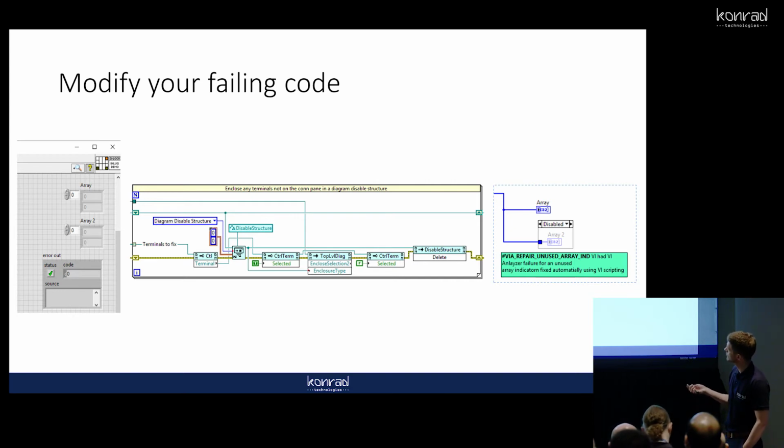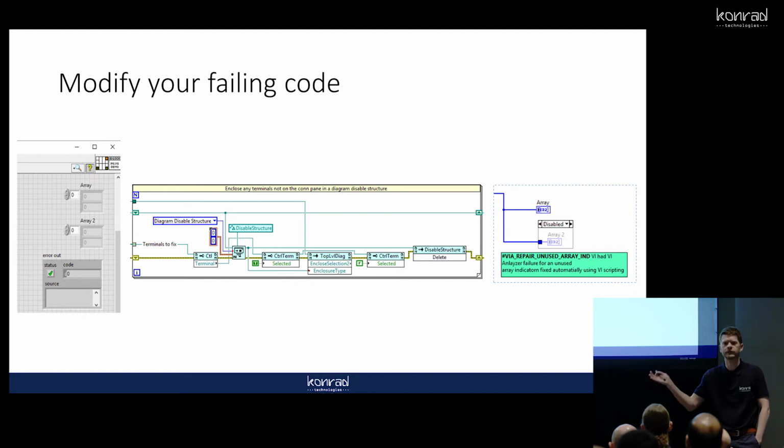So I've actually written some code here that if it fails the test, if it finds that duplicate array indicator, I don't delete it because that loses a little bit of traceability. So what I do is I programmatically put that array indicator inside a diagram disable structure. So it's compiled out, but it's still there on the block diagram for reference.